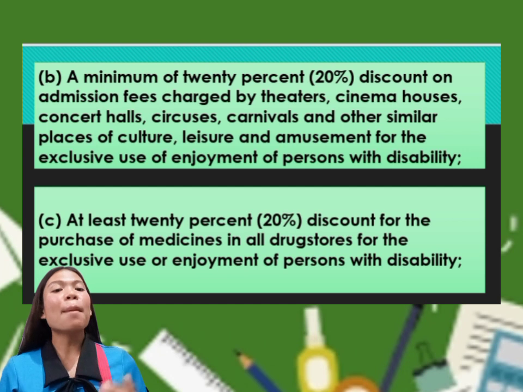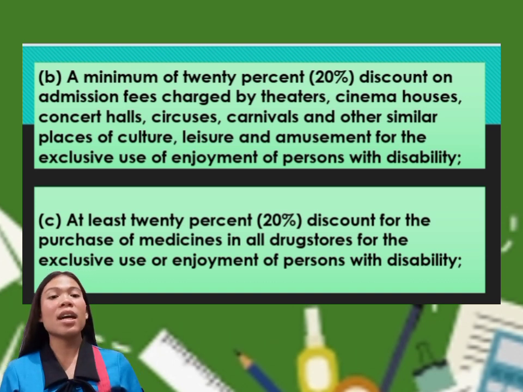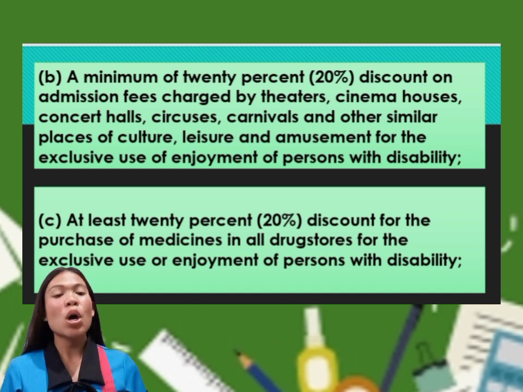Letter B, a minimum of 20% discount on admission fees charged by theaters, cinema houses, concert halls, circuses, carnivals, and other similar places of culture, leisure, and amusement for the exclusive use or enjoyment of persons with disability.